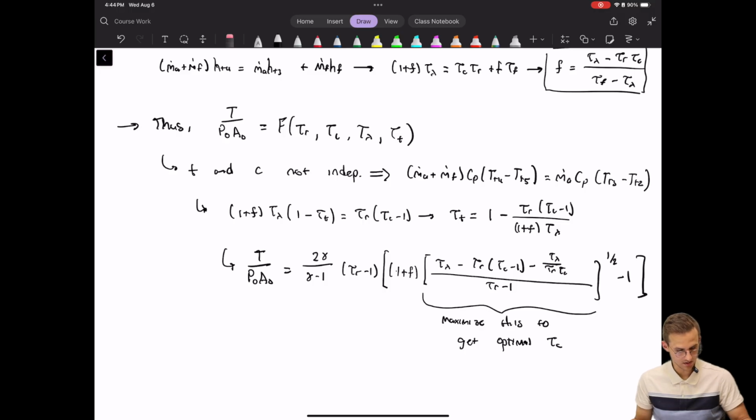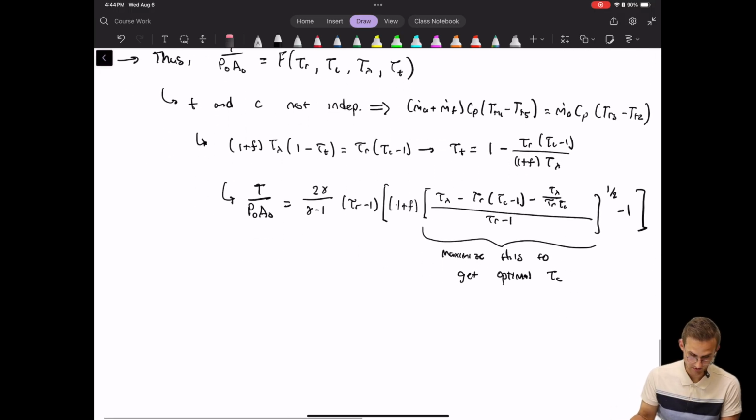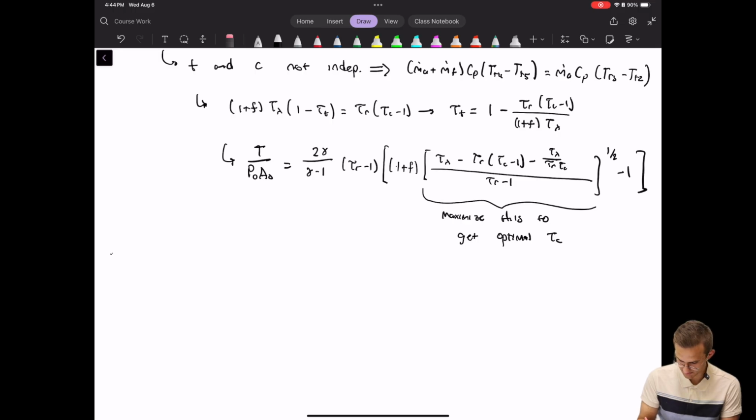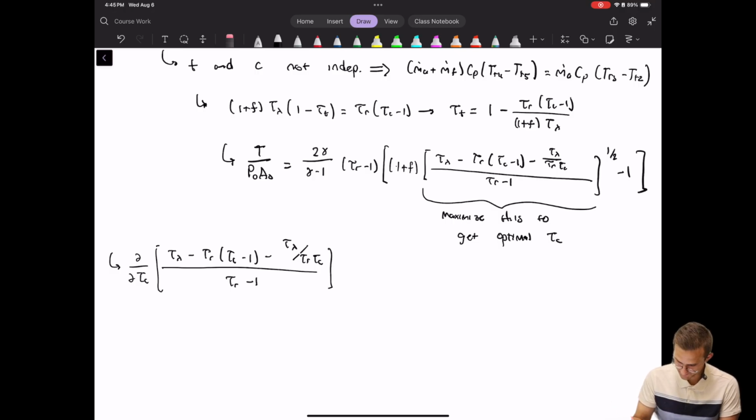So let's do that. If we were to take the derivative of that thing with respect to tau C, so d by d tau C of tau lambda minus tau R tau C minus 1 minus tau lambda over tau R tau C, divided by tau R minus 1, what you obtain there is 1 divided by tau R minus 1 times negative tau R plus tau lambda over tau R tau C squared.